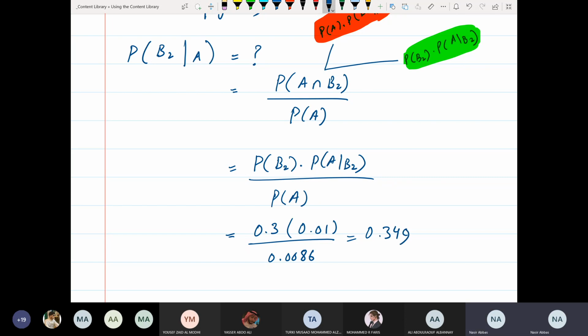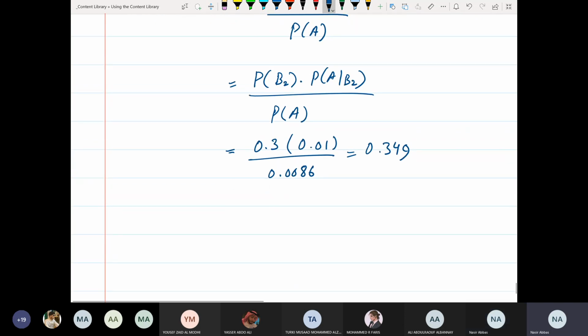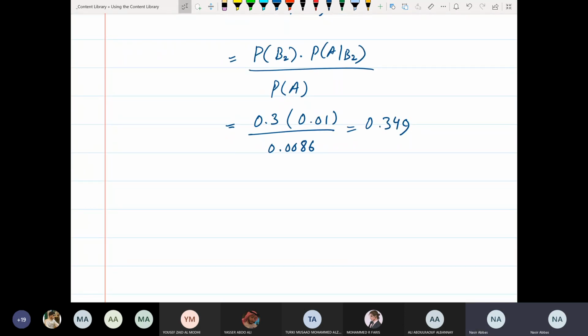So if you selected an object randomly and that object is defective, there is a 34.9% chance that it was manufactured in Riyadh. And the formula you just used in this question is called the Bayes formula. It's called Bayes theorem.